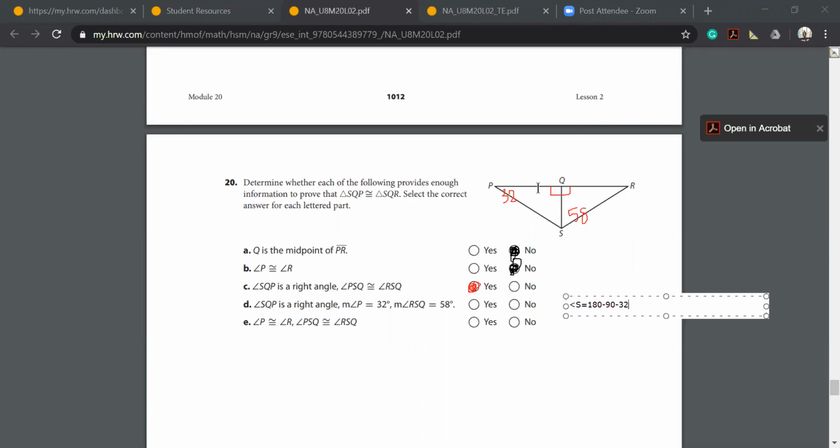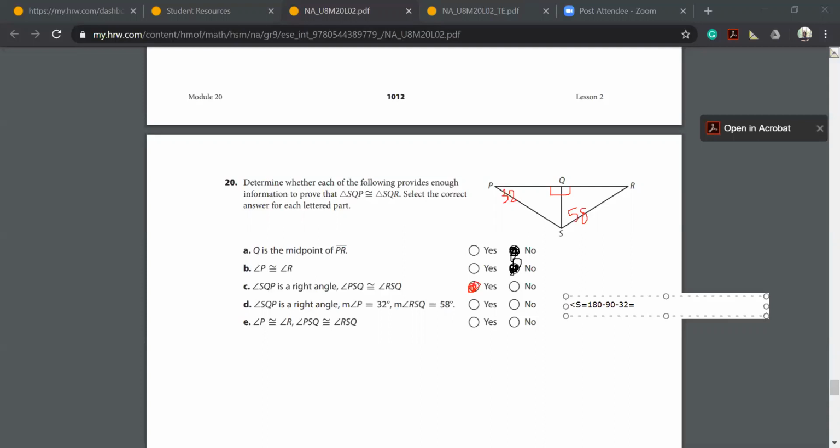I will subtract 90 and 32 to find measure angle S. So it's going to be 180 minus 90 minus 32. The answer will be 58.